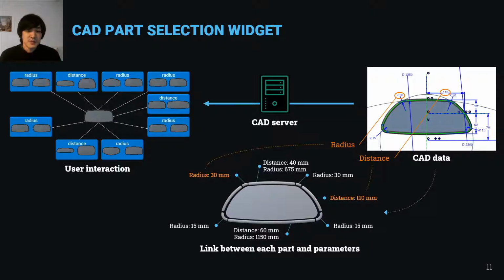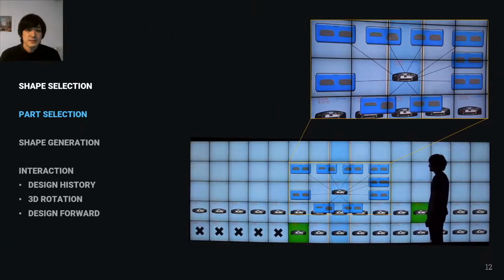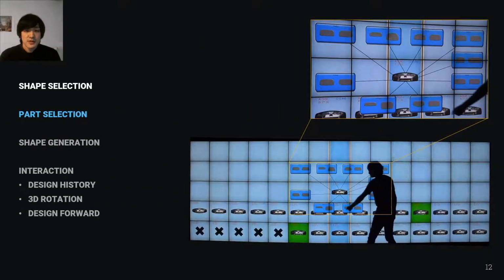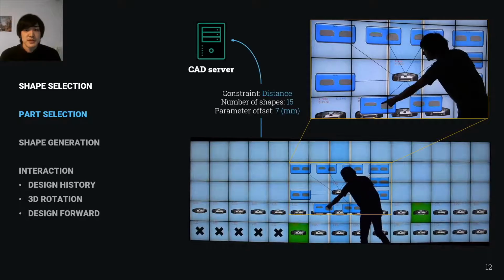Based on this mapping, users can select the parameter by touching the window linked to each part. Each window shows two shapes that are defined by minimum or maximum parameter values, which helps users understand the shape modification without the parameter information. When the user selects one of the windows, the system sends the information of the selected part and design alternatives to the CAD server.